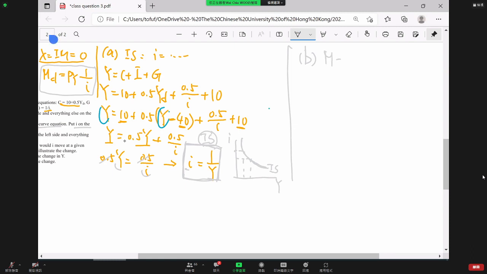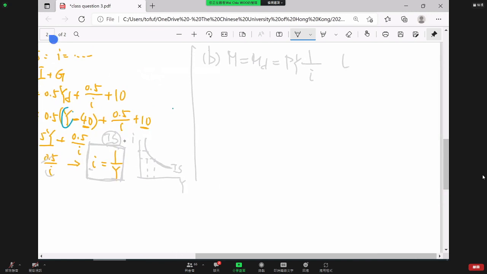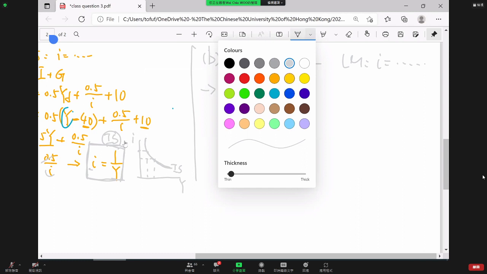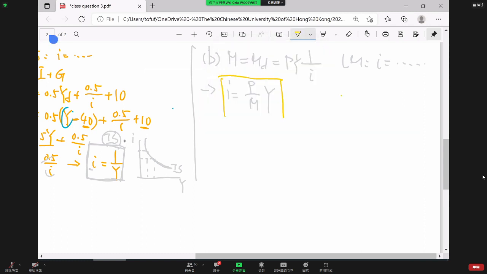So money supply is M, and the money demand is MD, which is equal to PY times 1 minus I. And then, of course, the required format for LM is I on the left, everything else on the right. Then you just have to reverse the terms. And to reverse them, it is not very difficult for you to get the result, which is something like this. That is very easy. That is already the LM function.